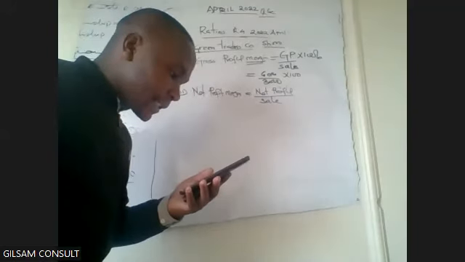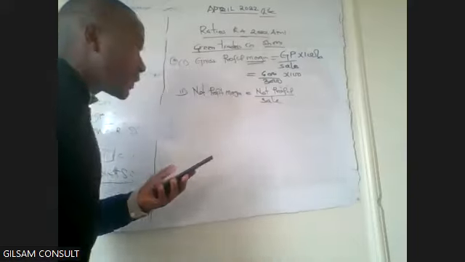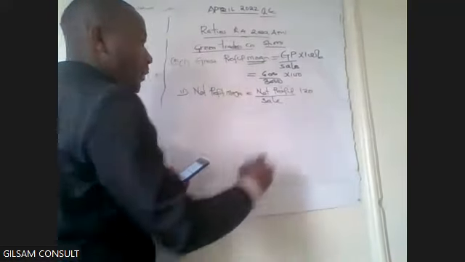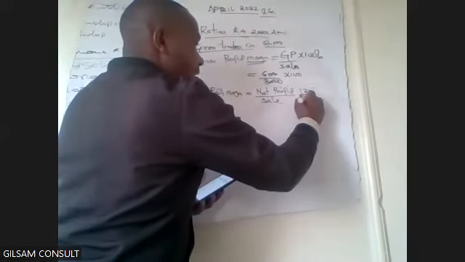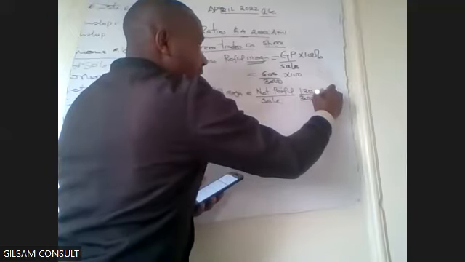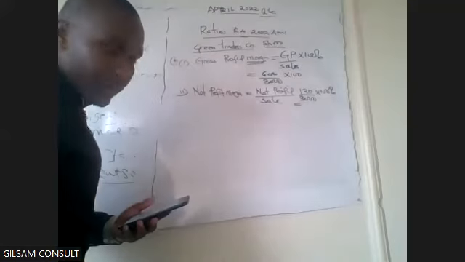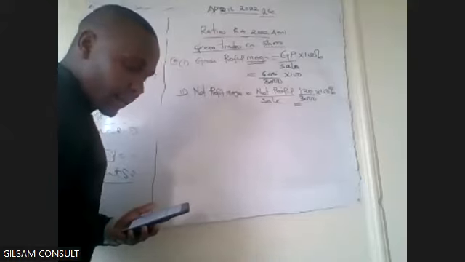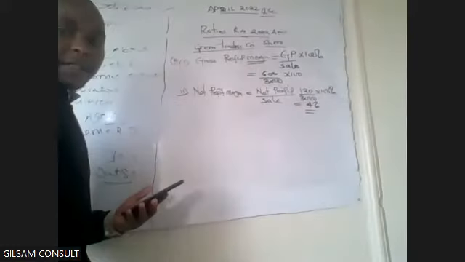Look at the income statement. The net profit for the year for Green company is 120. Sales is 3,000, and it's 100%. So you take 120, divide by 3,000, times 100. That is 4%.